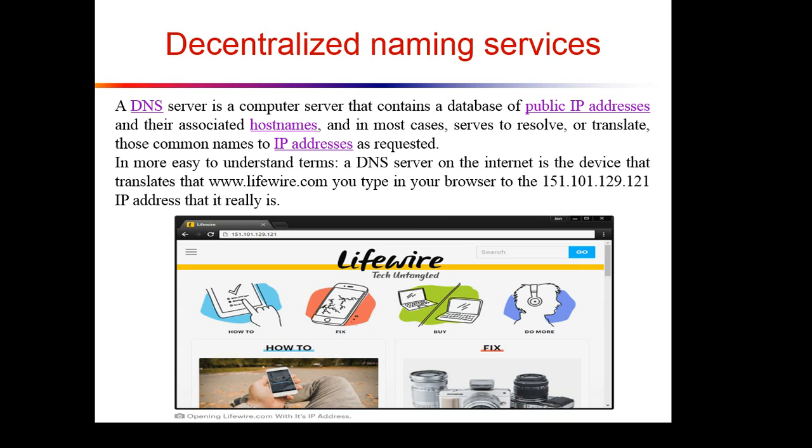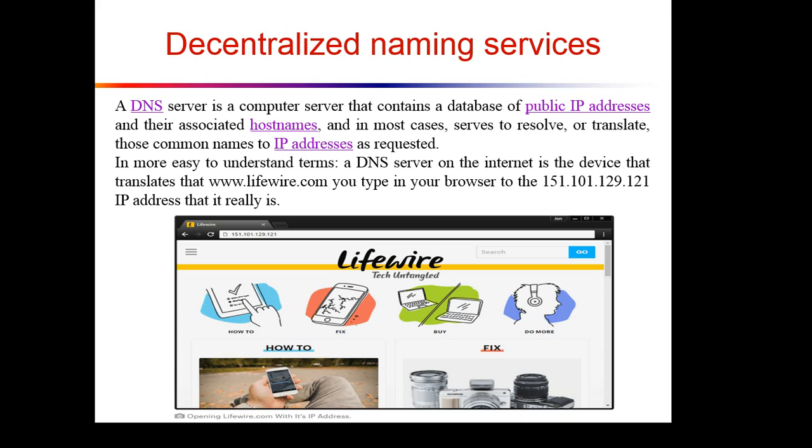We know the host name of Imam Reza University is imamreza.ac, for example, .ir, and we don't need to memorize the IP addresses associated to Imam Reza's name. This information is stored in the DNS server.